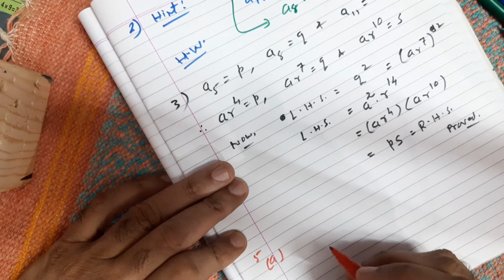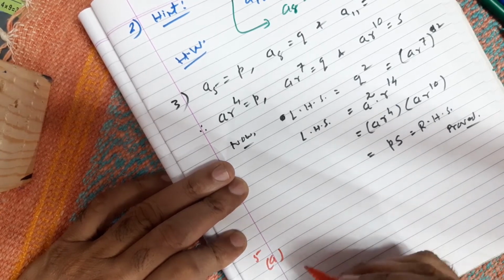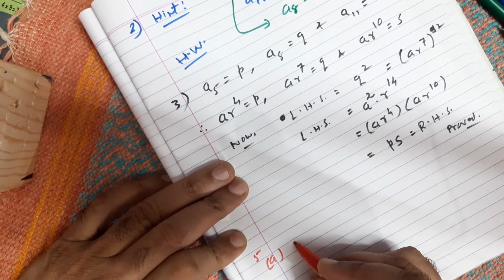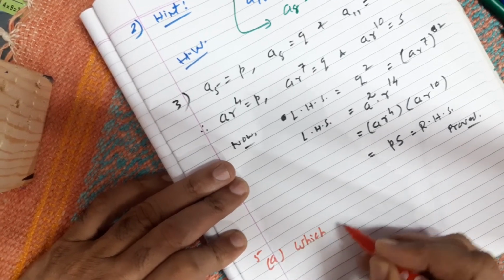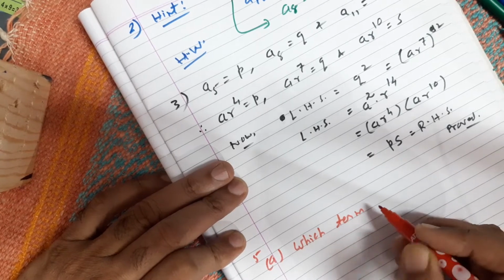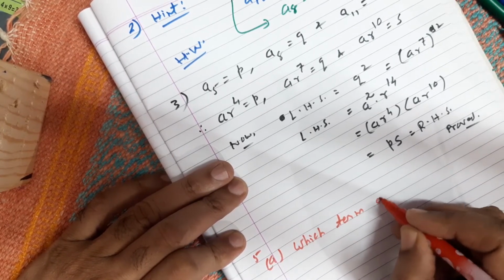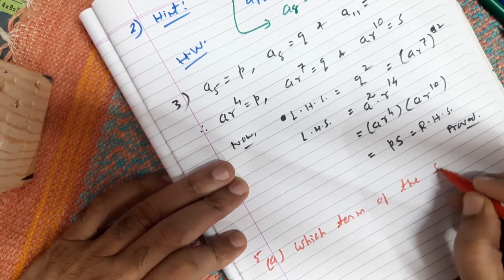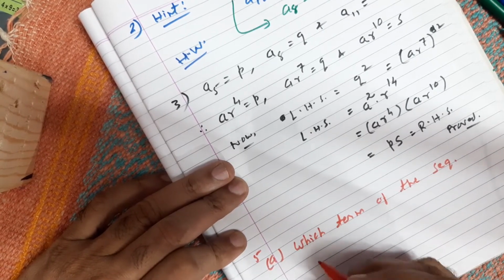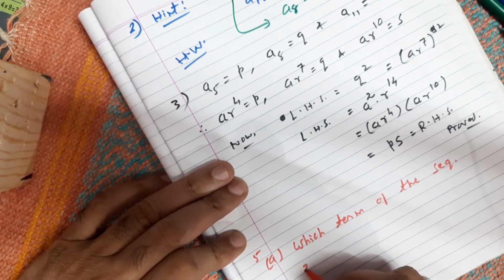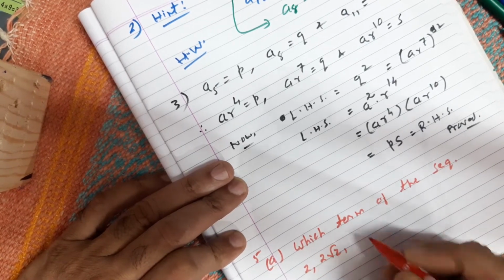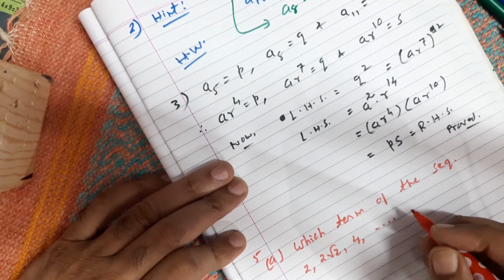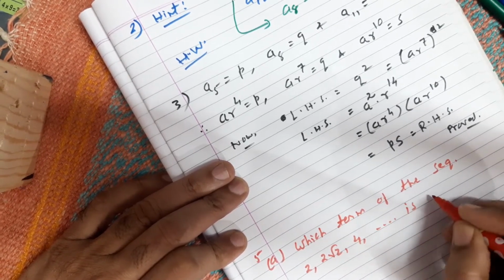So the 3 questions are asked and the sentence is common there: which term. The question is like this, which term of the sequence, and the sequence is first one that is 2, then 2 root 2, then next is 4 and so on, is 128.